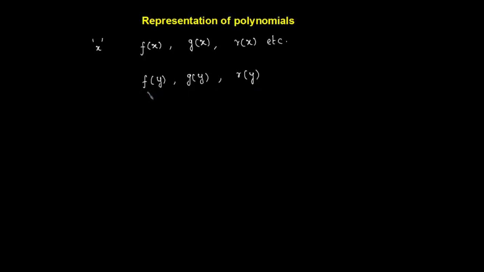So, if you represent a polynomial as f of y, it means that it is a polynomial in a single variable y, say for example of the kind 3y square minus 11. Sometimes g of y can be y minus 5 and so on. So, if you say f of y, g of y, r of y are polynomials, then it means that these are polynomials in a single variable y. So, this is how you will represent polynomials.